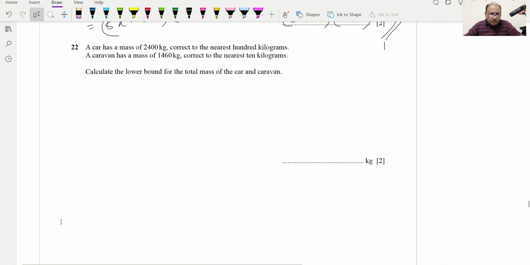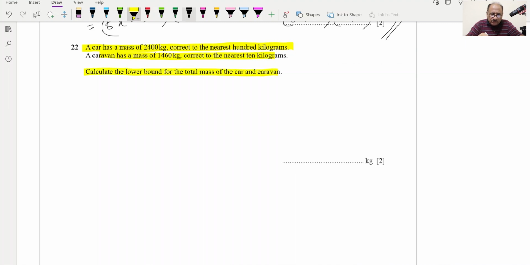Question number 22 says the car has a mass of this much, correct to the nearest 100 kilograms, and the caravan has a mass of this one, correct to the nearest 10 kilograms. Calculate the lower bound of the mass.